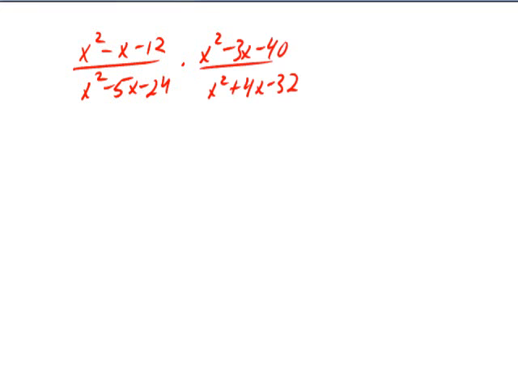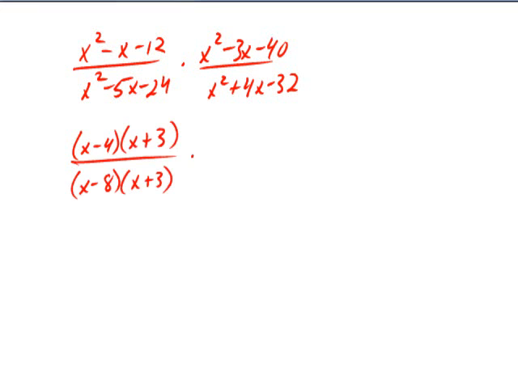If I factor the numerator of the first fraction, it factors into x minus 4 times x plus 3. The denominator into x minus 8, x plus 3. The second fraction's numerator, x minus 8, x plus 5.